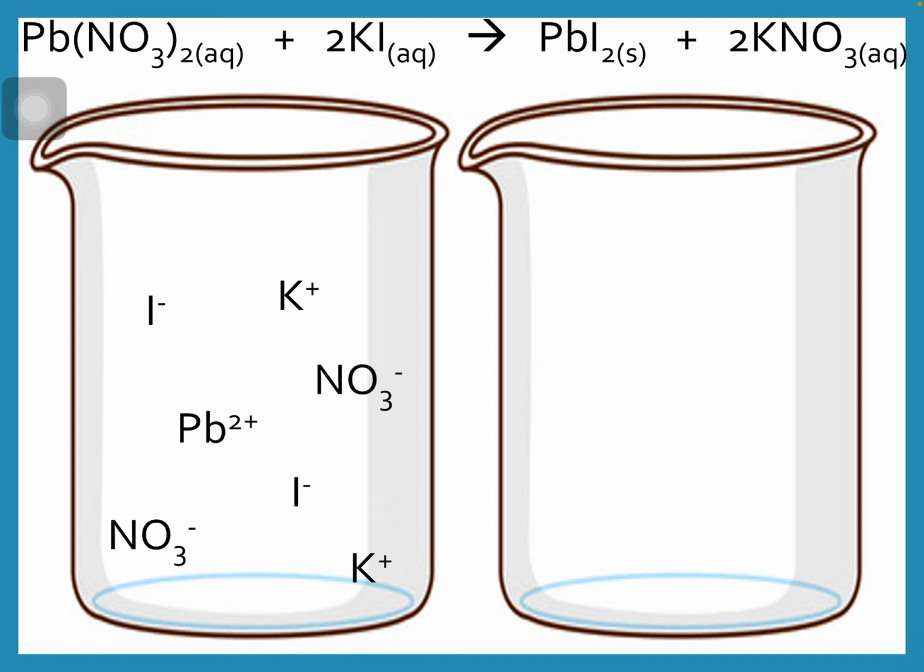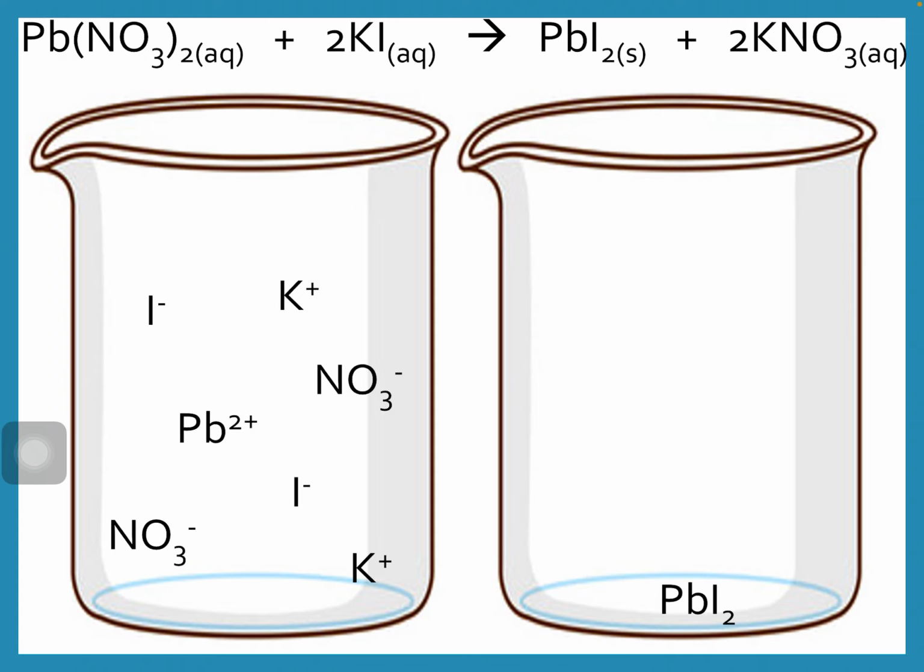Then as they are moving around and able to come in contact with one another, what is going to happen is the lead ions with two iodide ions, when they collide, are going to make lead iodide. Lead iodide has a low solubility, and so that is going to precipitate out and be found at the bottom of the beaker as a solid.